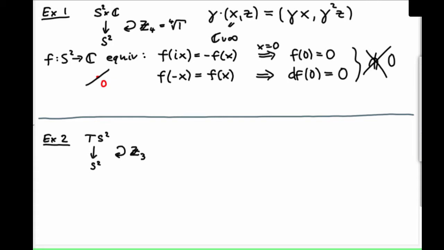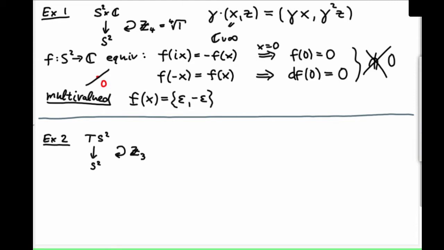But there's only 2 points now, right? So again, I could go multi-valued, but I can do the same silly trick again. I could take f of x to be plus epsilon and minus epsilon.